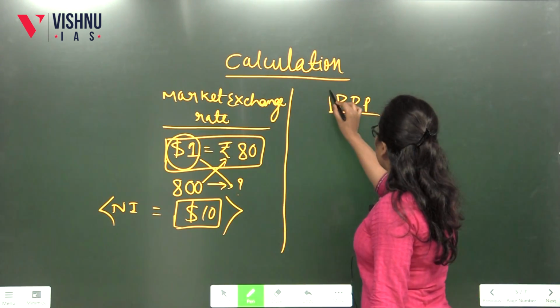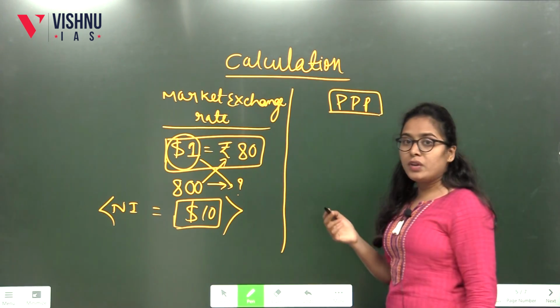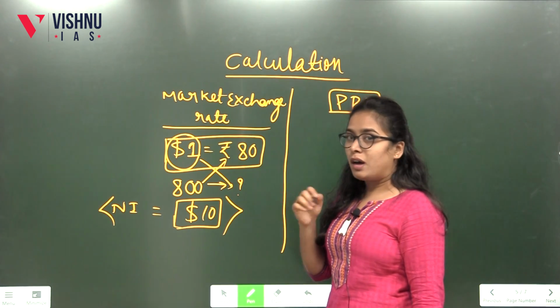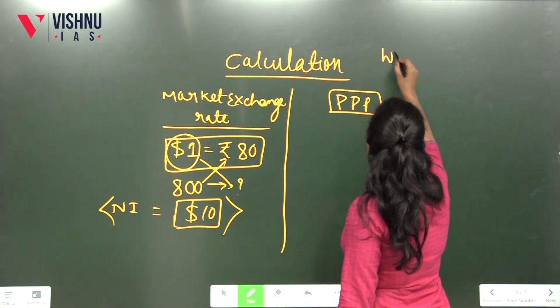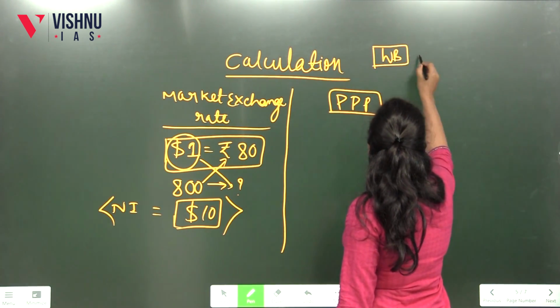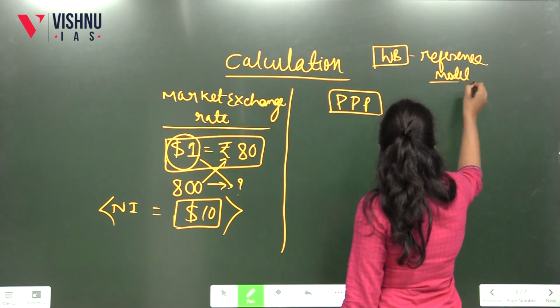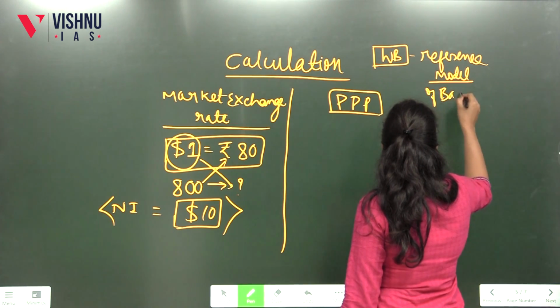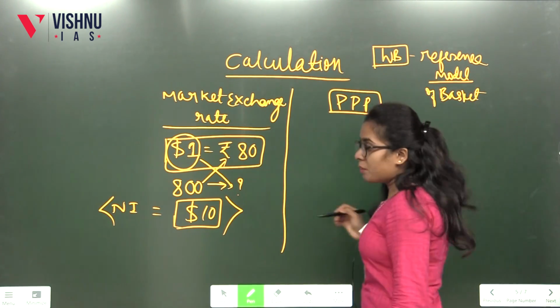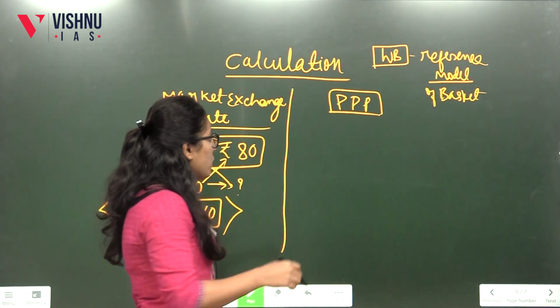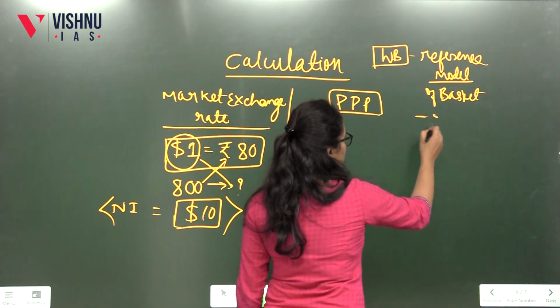First of all, how we calculate purchasing power parity: every 4 to 5 years, the World Bank releases a reference model of a basket of goods to compare the purchasing power parity across nations. The recent one is 2017.